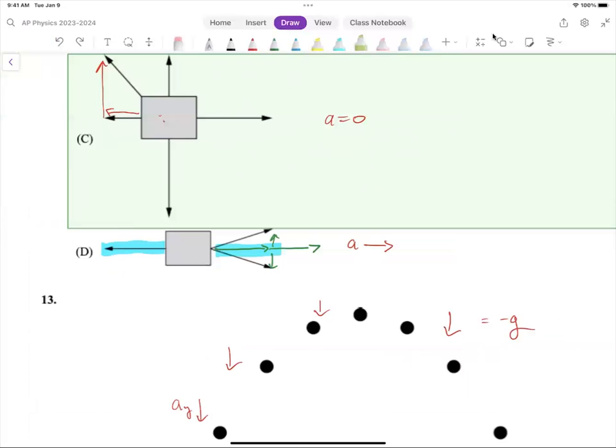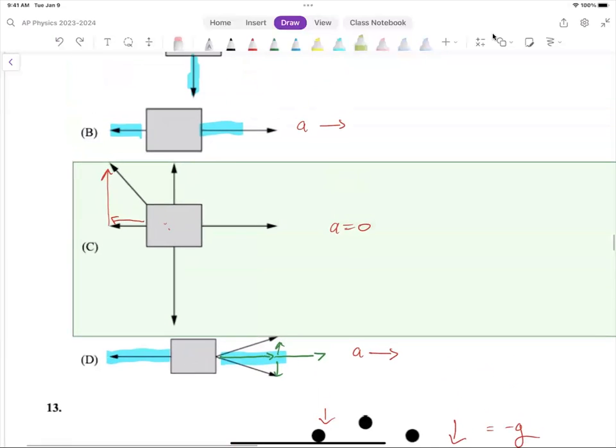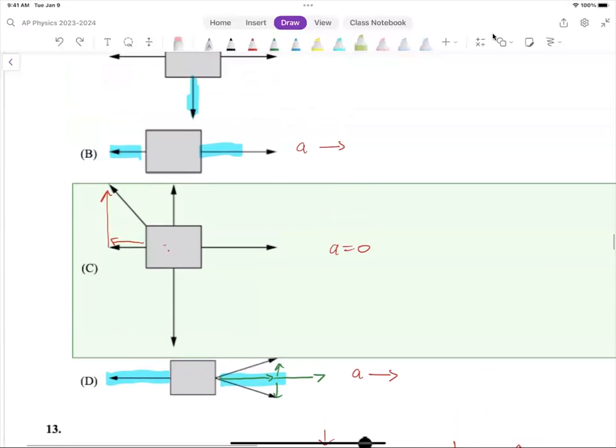I've got two of them. So that is why there is a larger force to the right in the X direction than there is to the left. Now, each of those angled forces have a little piece of Y, but both of them are identical, and one's up, one's down, they cancel each other out. So I'm accelerating to the right in the X direction in that case.